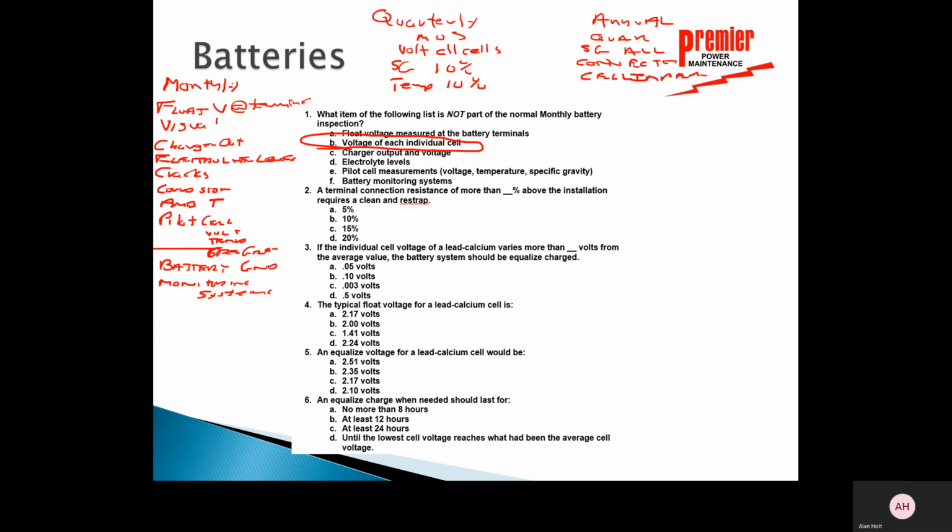Number 2, a terminal connection resistance of more than so many percent above the installation requires a clean and restrap. Well, that's 20%. But that requires that you have the historical data from when it was installed. In the absence of that, you're going to be stuck with 20% of similar type connections, which should basically be them all.